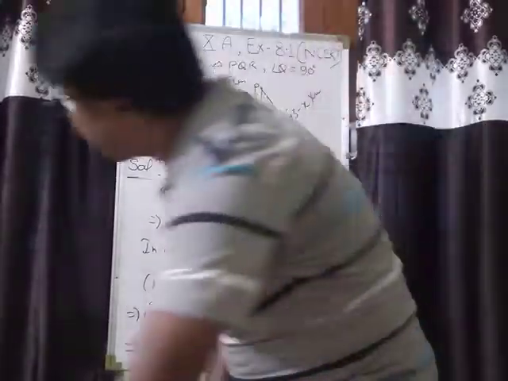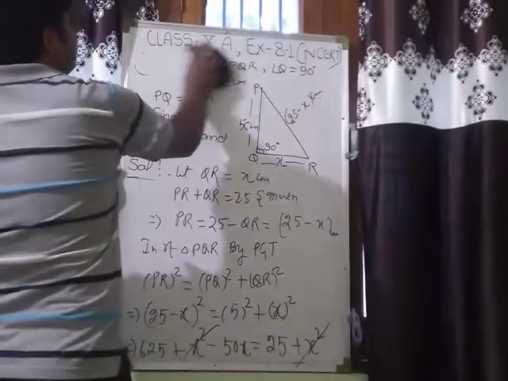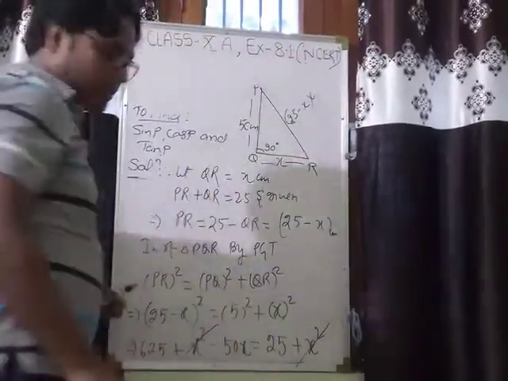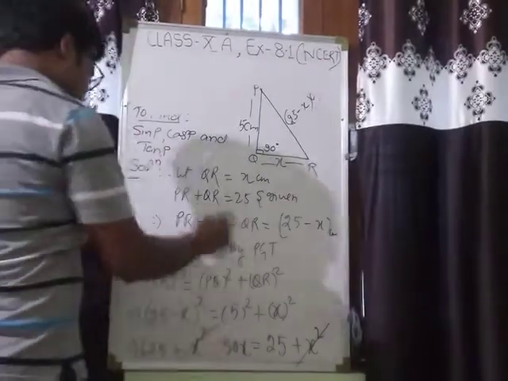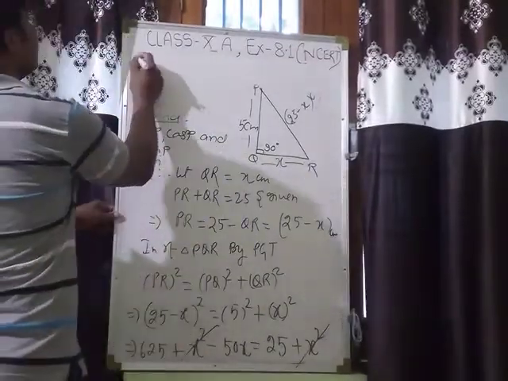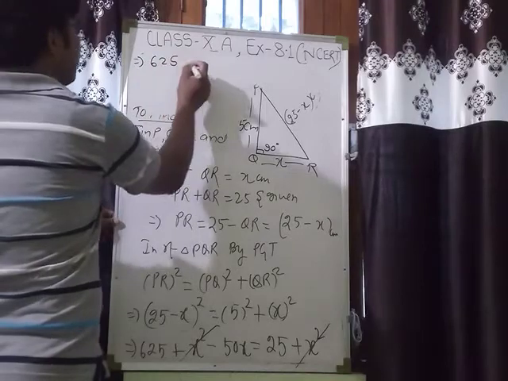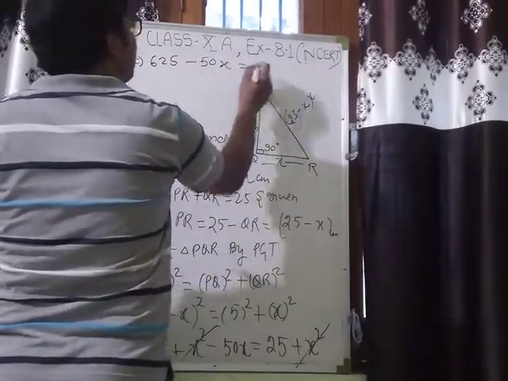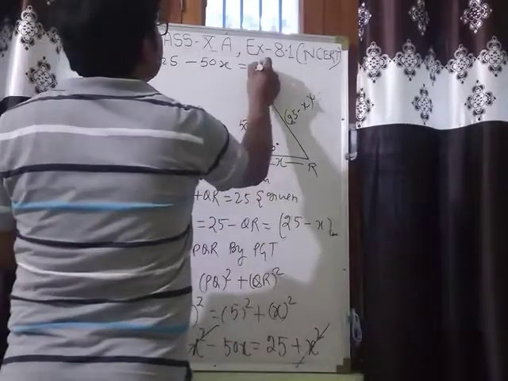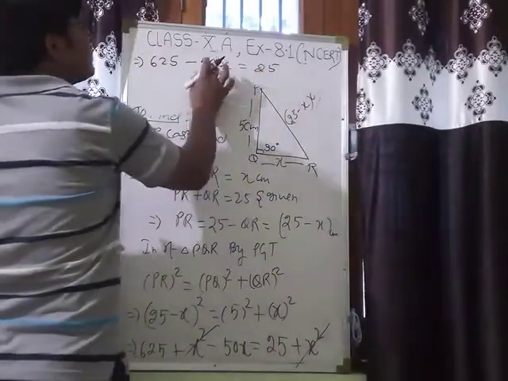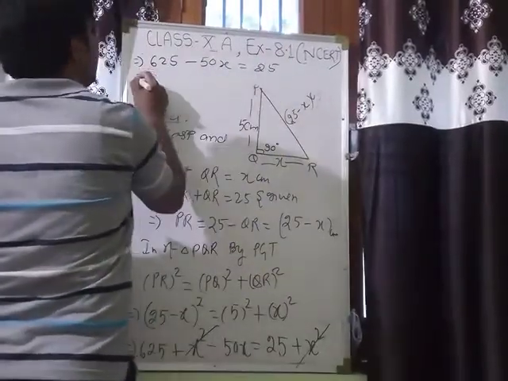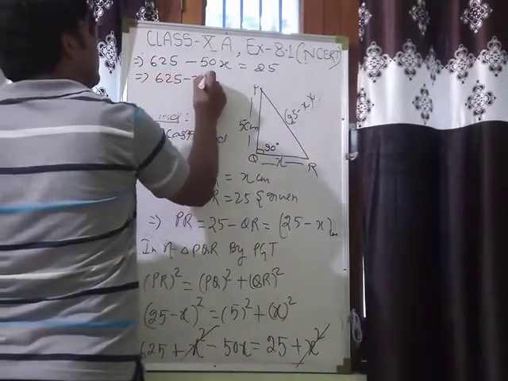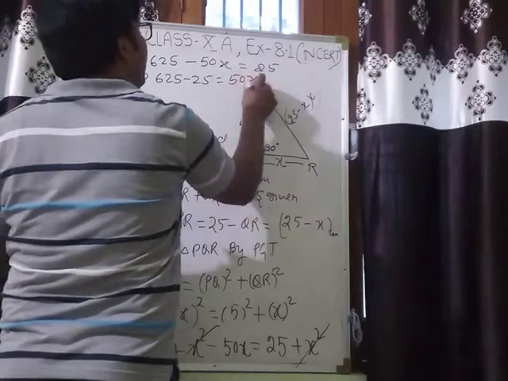Now what we have? We have 625 minus 50x equal to 25. Okay, so transfer this minus 50x to the right side and this 25 to the left side. We have 625 minus 25 and that is equal to 50x.